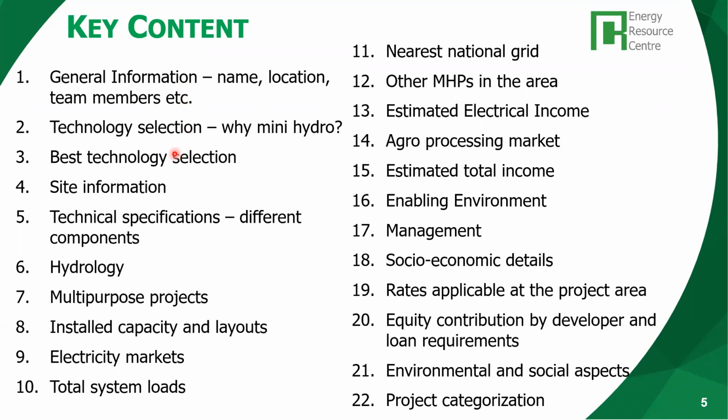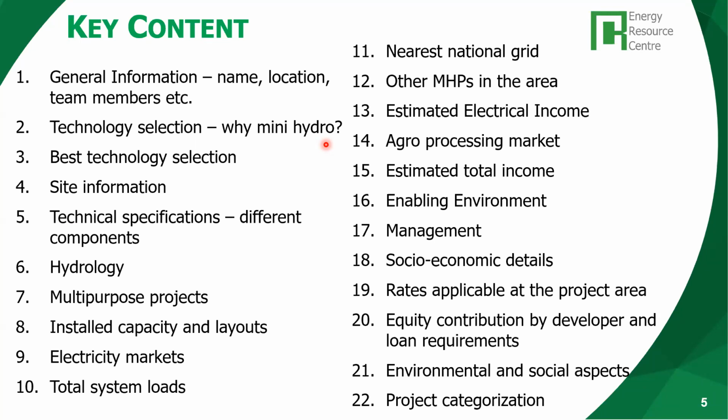Then we also have to do an alternative analysis, as I mentioned. So why mini hydro? Why are you trying to do a micro or a mini hydro to meet the demand of the system or the local community? Are there any other sources?